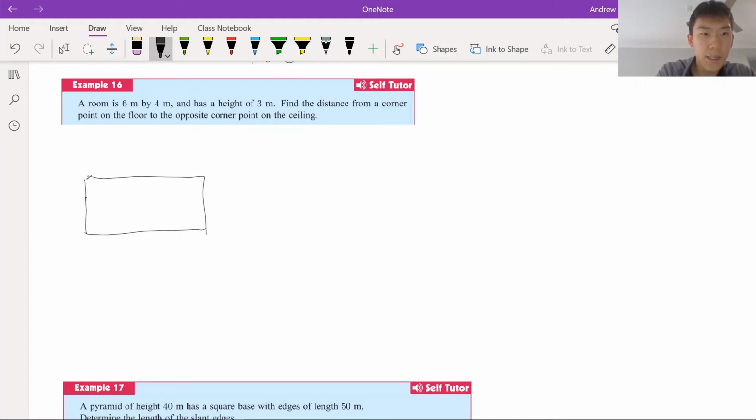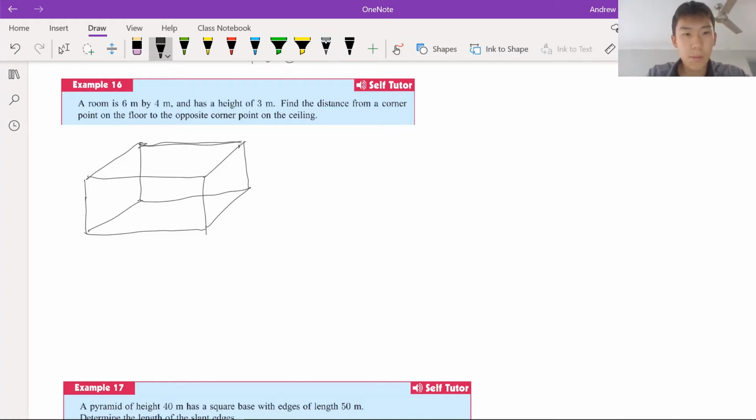I'm half decent at drawing rectangular prisms, so let's see how we go. Something like this. Keep in mind that this is 3D and all the corners meet at right angles. Or let's assume that this is a rectangular prism. Okay, so we're going to go with that assumption.